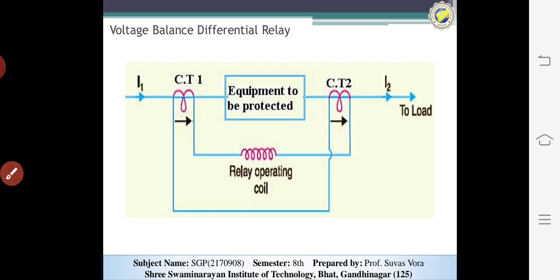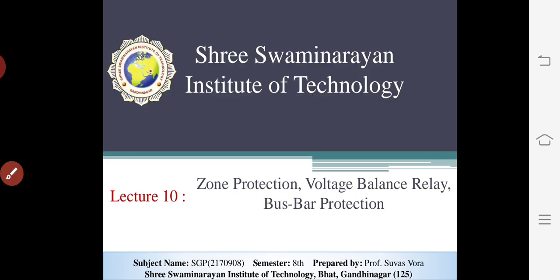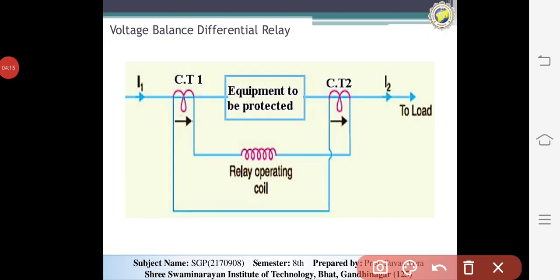Now consider the voltage balance differential relay. You can see the basic diagram of the voltage balance differential relay. It is almost similar to the current balance differential relay, the only change being that the CTs at the two ends are connected in opposite directions.